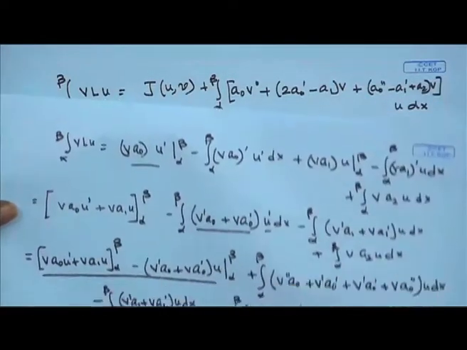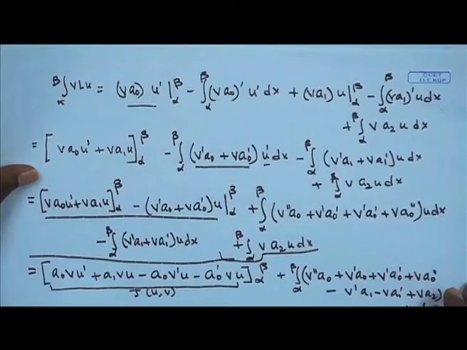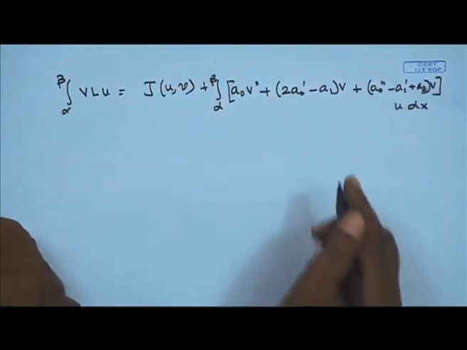So, we will be getting a0 prime times v. So, a0 prime times v will be occurring twice. So, it will be 2 a0 prime, and you will be getting this.